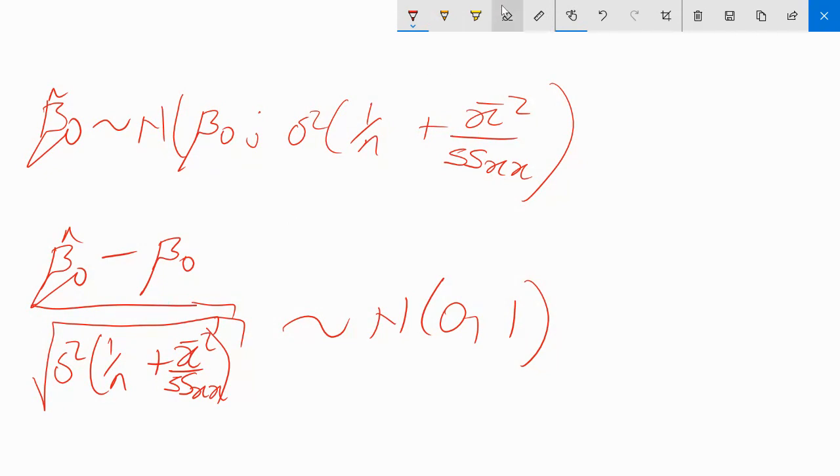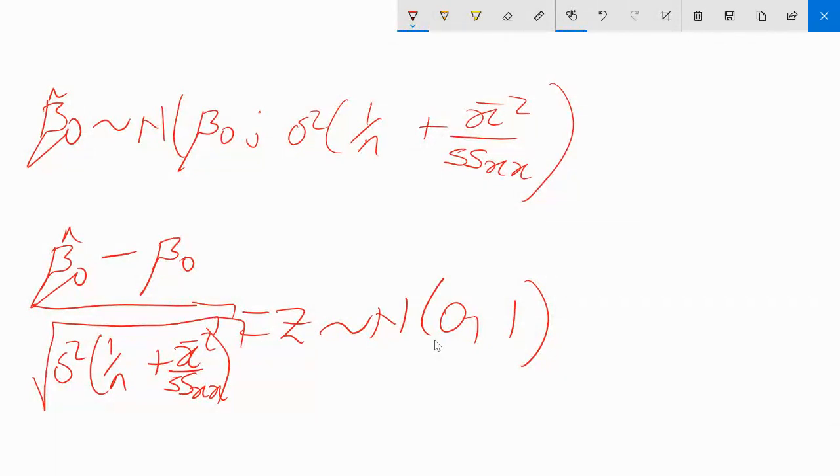So the new variable Z is equal to beta 0 hat minus beta 0 divided by the standard deviation of beta 0 hat. And this standard deviation is also called the standard error of the estimate. It's the standard error of beta 0 hat.